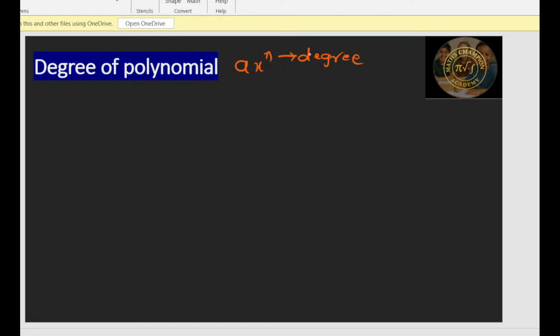It is the highest power. If any expression is there, for example ax square plus bx plus c, in that you have to take the highest power. Here 2 is the highest power, so the degree is 2.